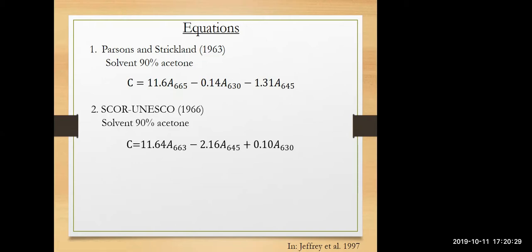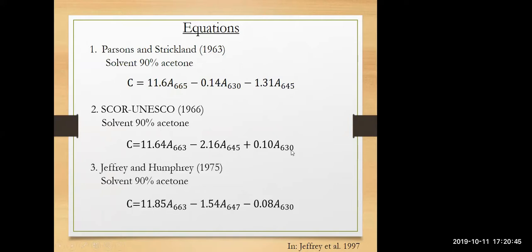Another proposal is that of UNESCO, also using 90% acetone, where the wavelengths are 663, 645, and 630. And finally, there is the equation of Jeffrey and Humphrey, proposed in 1975, where they use almost the same wavelengths, all of them in the red: 663, 647, and 630.